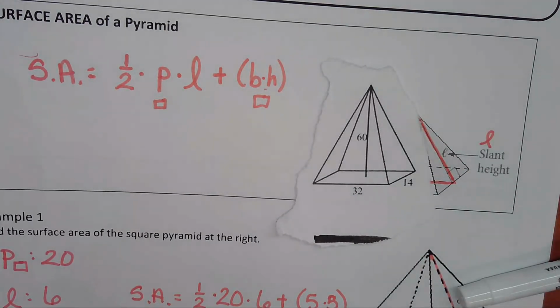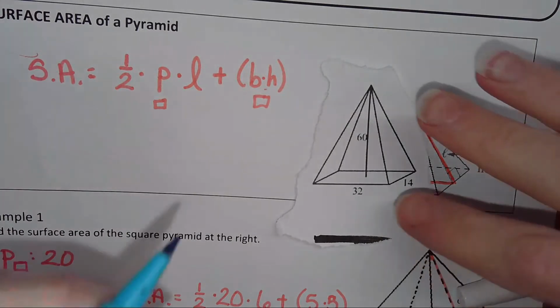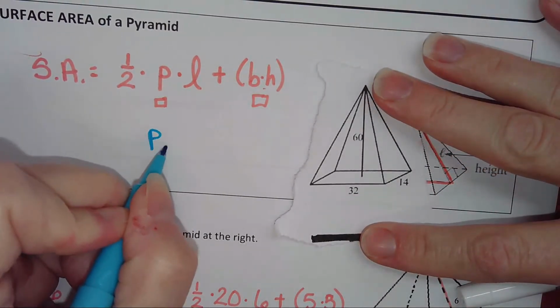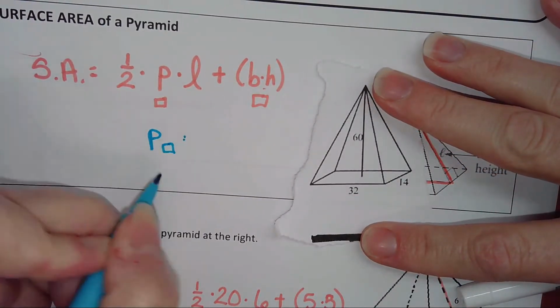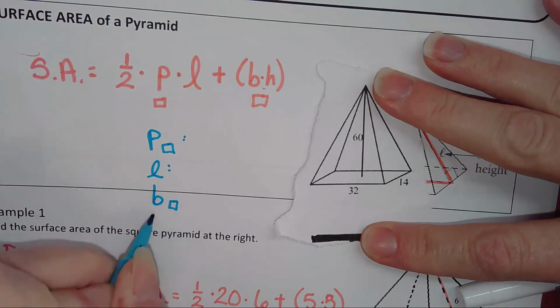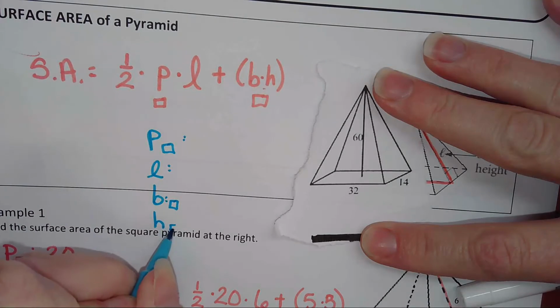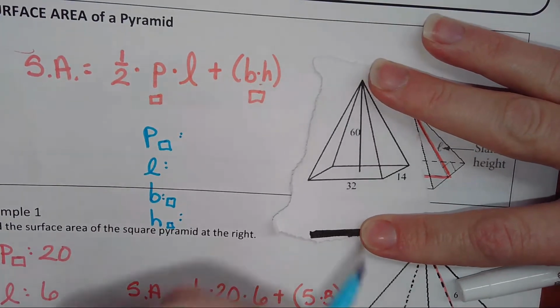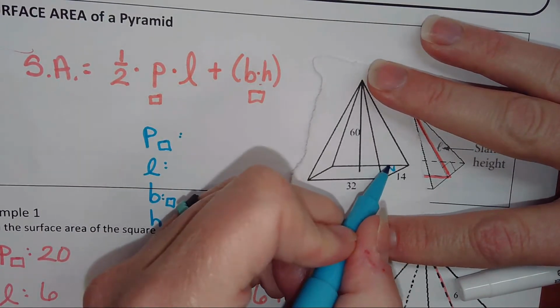So we need to know the perimeter of the rectangle, the slant height, the base of the rectangle, and the height of the rectangle. So let's deal with the rectangle first down here.